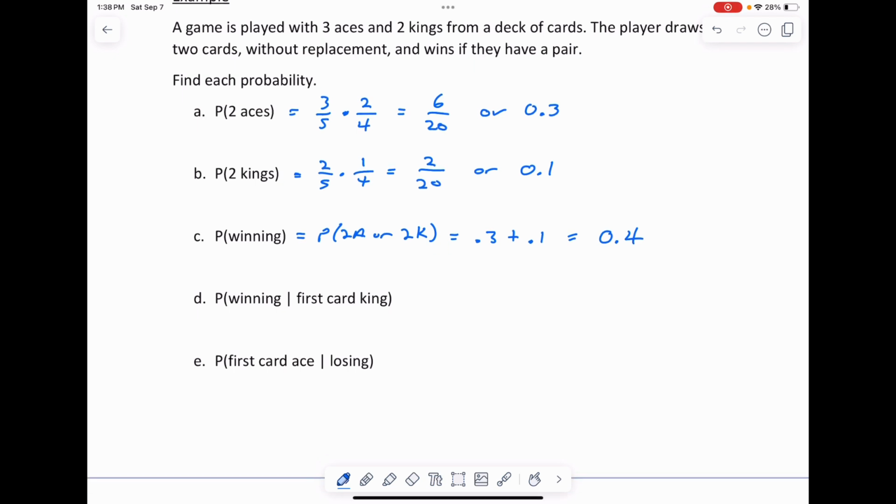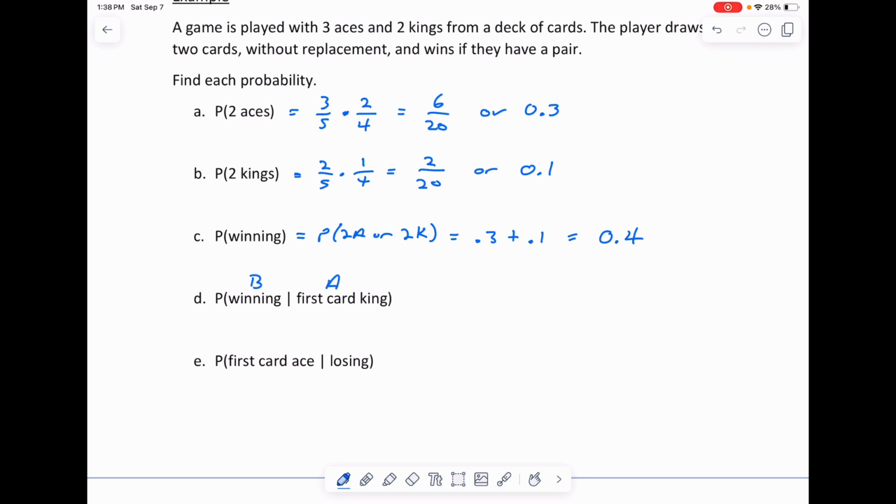All right, let's do a couple of conditional problems here. So find the probability of winning given that the first card is a king. Okay, so I'm going to call this B, right?